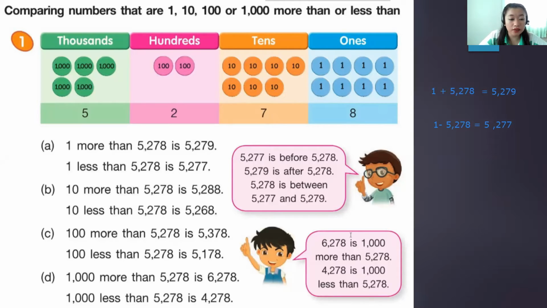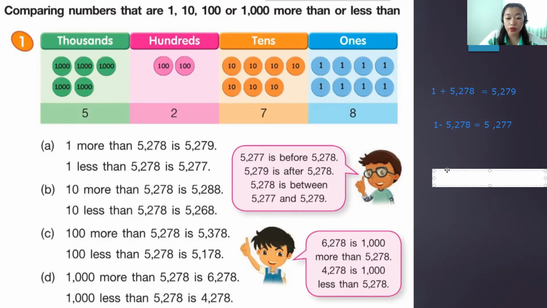Okay, let's proceed to letter B. The statement there is 10 more than 5,278, which is equal to 5,288. Okay, one more time.